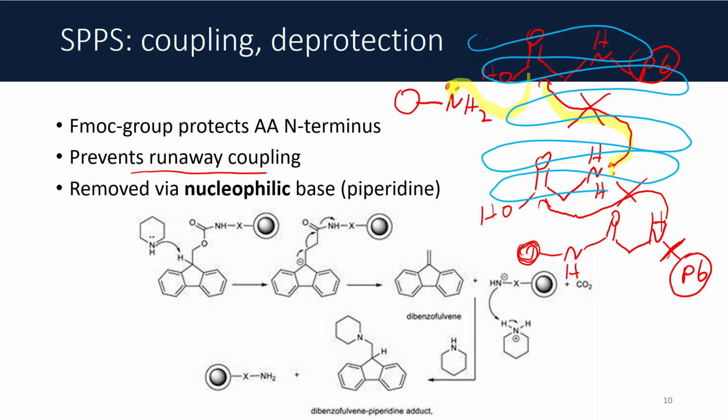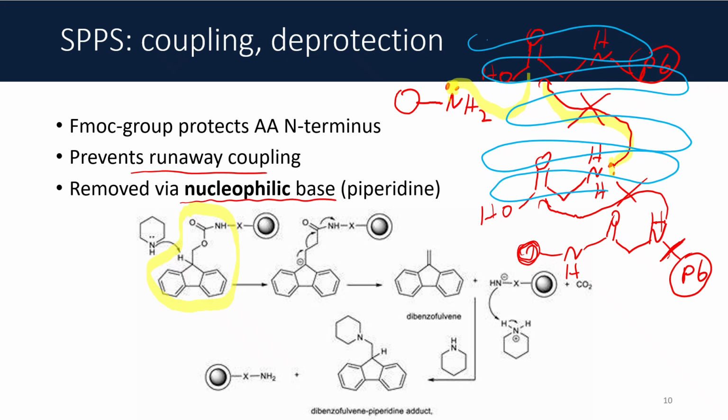So coupling will always be followed by deprotection. And this is what deprotection looks like. Over here, I'm showing you what the protecting group looks like. That protecting group, protecting the nitrogen, is very weak to nucleophilic bases.